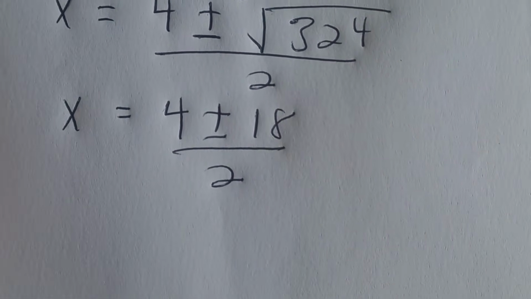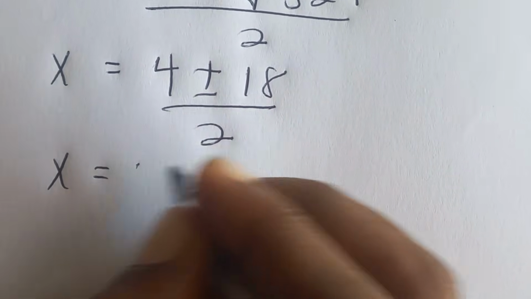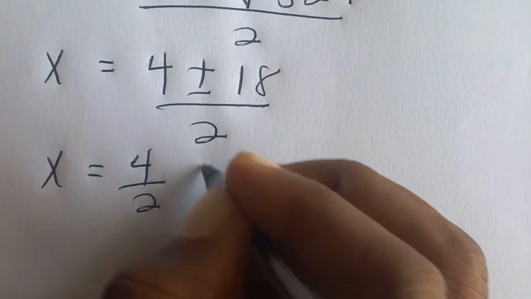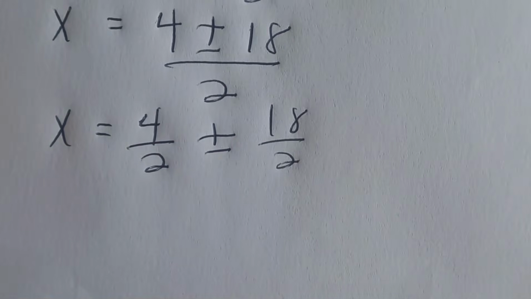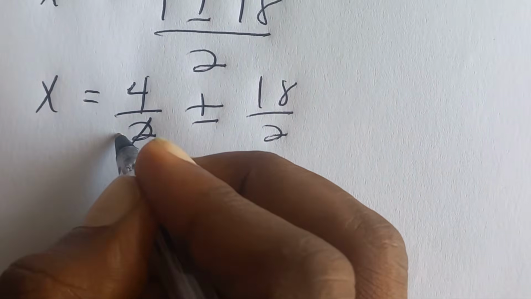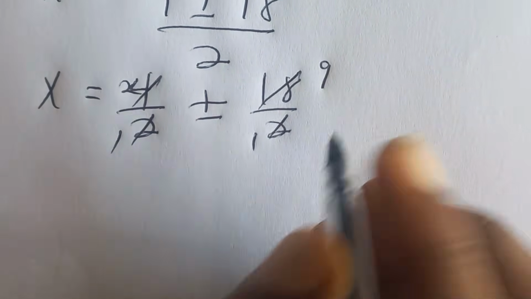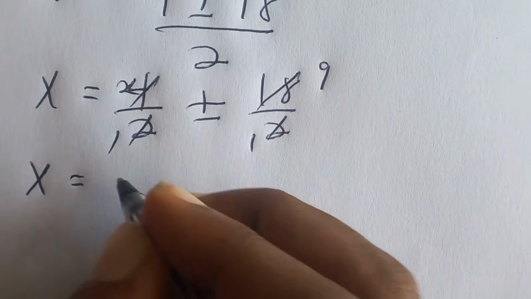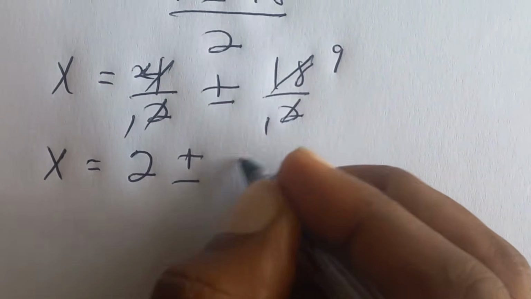So now our x is equal to 4 on 2 plus or minus 18 on 2. In this case, 2 goes into itself, 1 goes here, 2 goes into itself, 1 goes here, 9. So we get x is equal to 2 plus or minus 9.